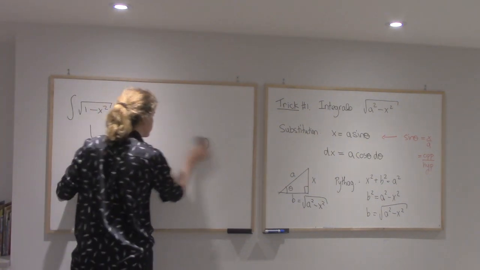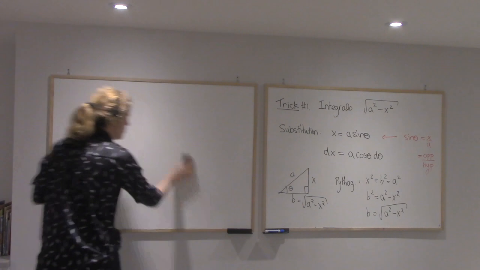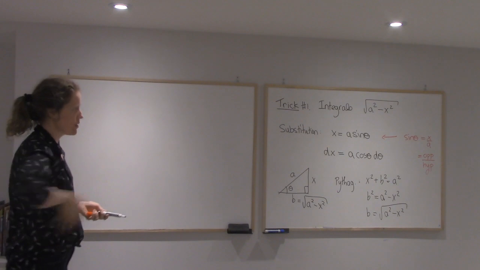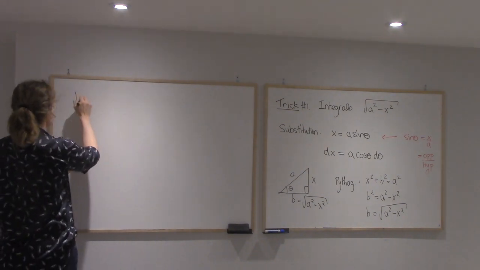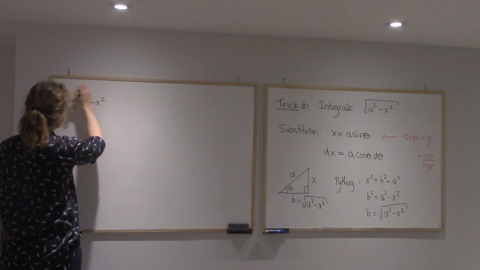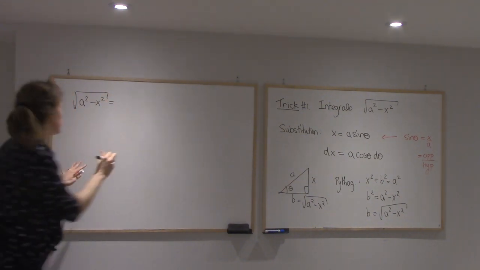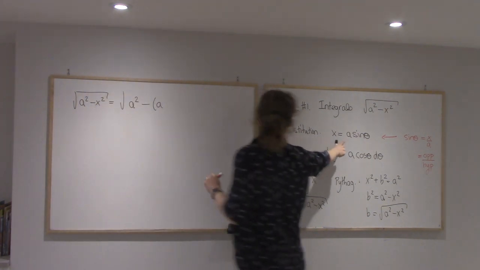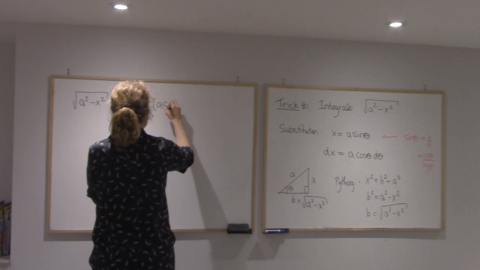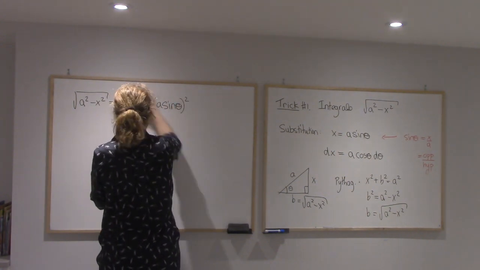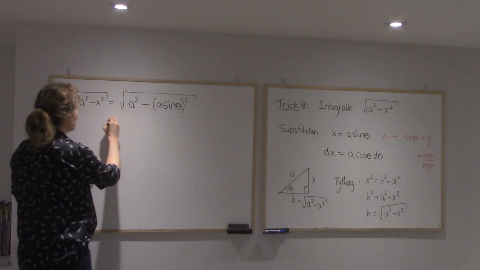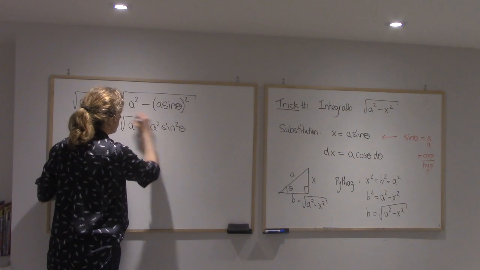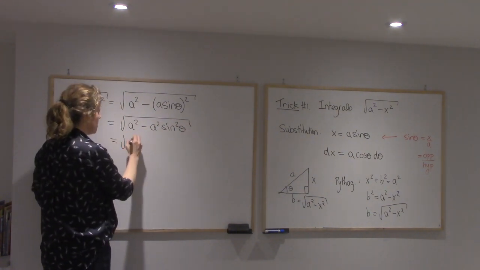So the final part of this trick is how can I replace the square root in my integral with some function of theta. So square root of a squared minus x squared. Let's do it the long way since it's the first time. I'm going to replace x by a sine theta. Let's multiply it out. I'm going to factor a squared.